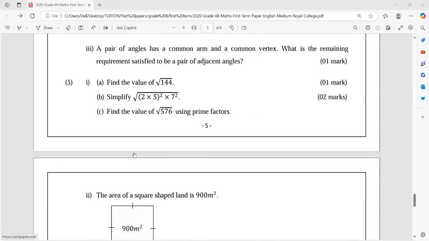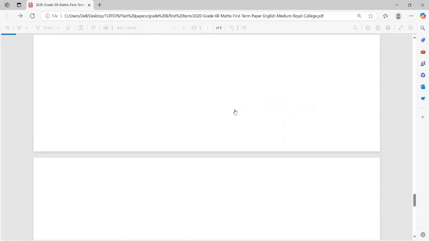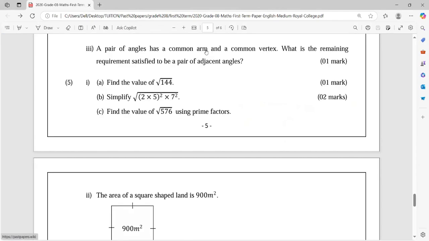A pair of angles has a common arm and a common vertex, right? What is the remaining requirement to be a pair of adjacent angles?